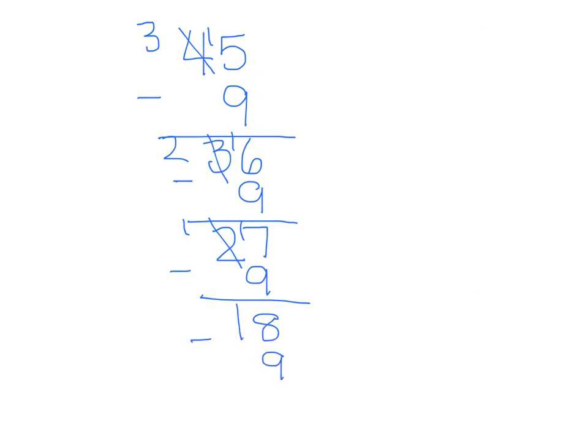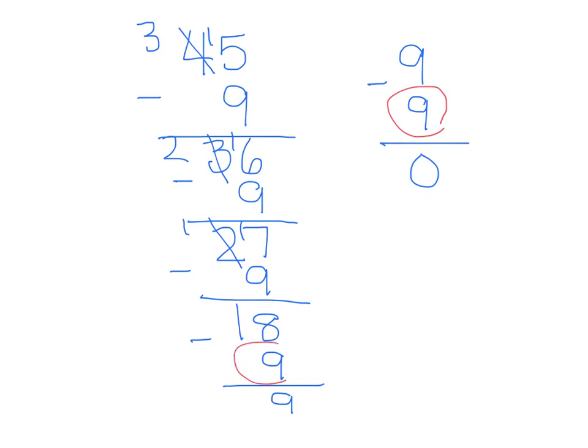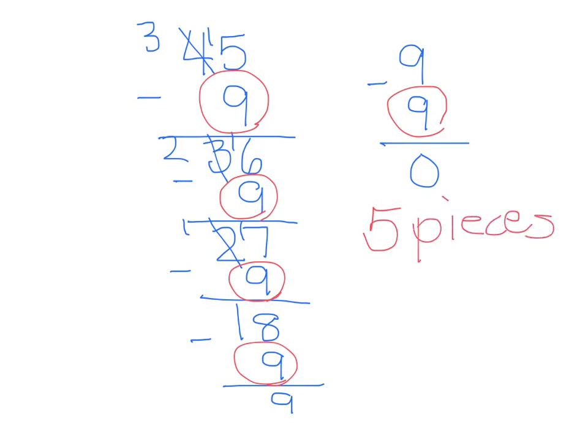I'm going to take 9 away again. Almost done. And then I count up how many times I subtracted 9. 1, 2, 3, 4, 5. So each student will get 5 pieces of candy.